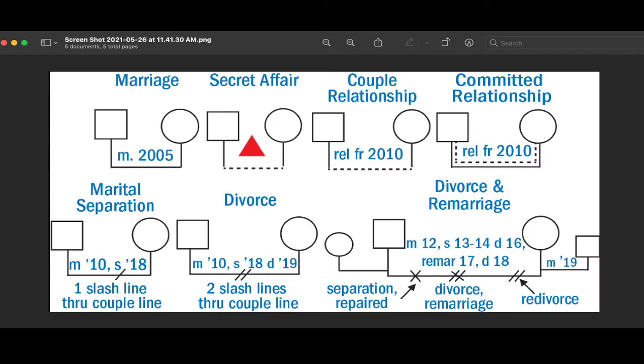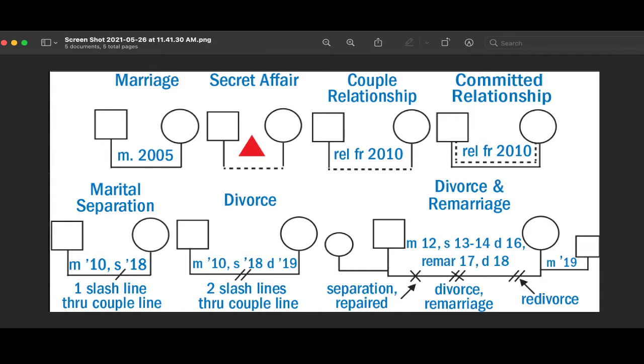You'll see this like the marriage. You have a line here showing that they're married, but we know that they got divorced, so we're going to put two lines here. This shows us that the man and woman were married, but they got divorced. And then we put another line here to show that these two women are now married.